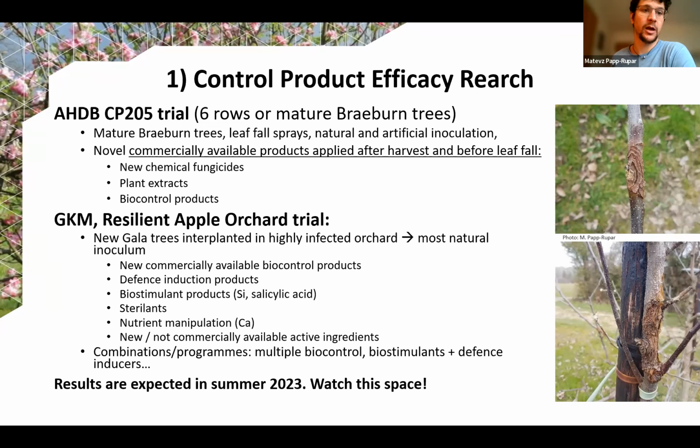The AHDB trial really focuses on things that maybe just need an EAMU and they might be available for use, while in the Resilient Apple Orchard trials, we're looking at it a bit more holistically. We're looking at the defense induction products as well. We're looking at biostimulants together with biocontrols and together with nutrition manipulation, and we're trying to put together some programs.